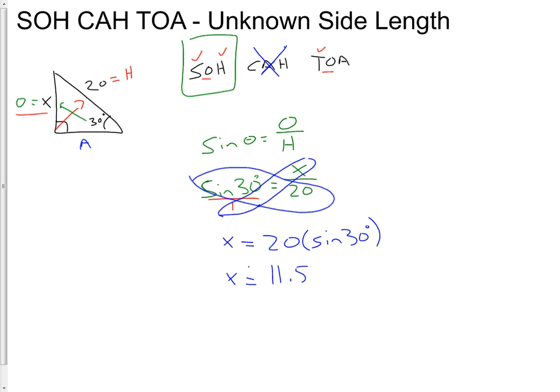Let's do another example for a SOHCAHTOA with an unknown side. In this case, I've got another triangle. I've got this as being 30 degrees up here. This side is going to be 12, and I don't know what that other value is.